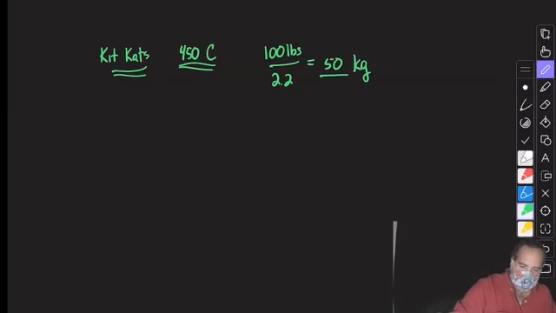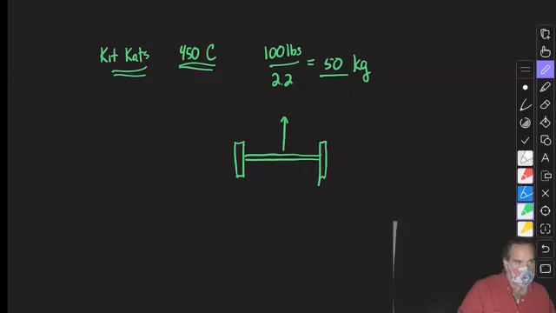So I put the weight on the bar, and I'm going to do a bench press. So I'm going to push up on the bar. I'm going to do work on the bar. Now, it shouldn't be hard to figure out that gravity is pulling downwards on the bar while I am pushing upwards on the bar. If I want the bar to go up, I have to push up with at least as much force as gravity is pulling down.